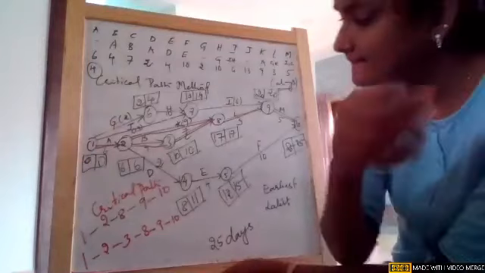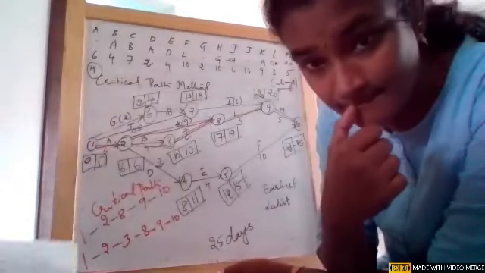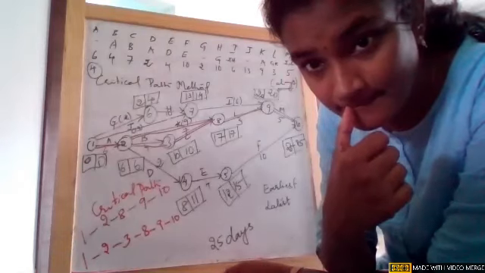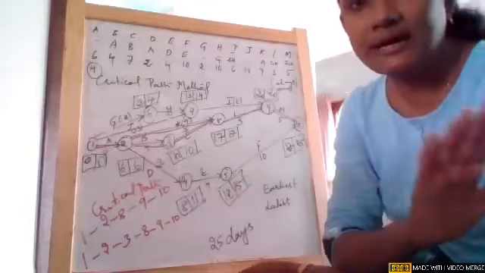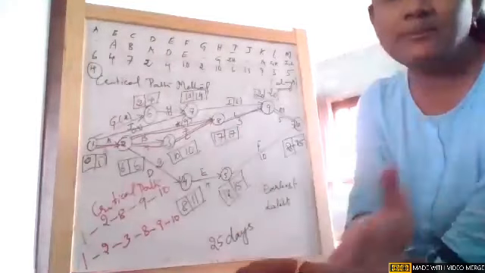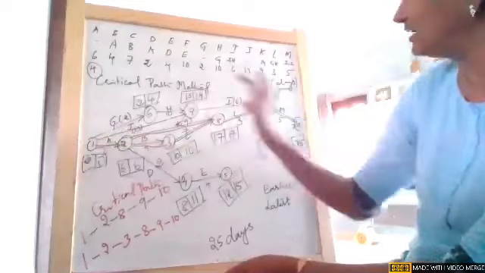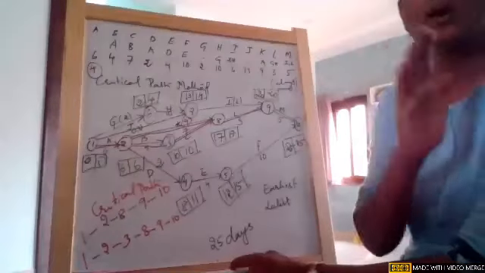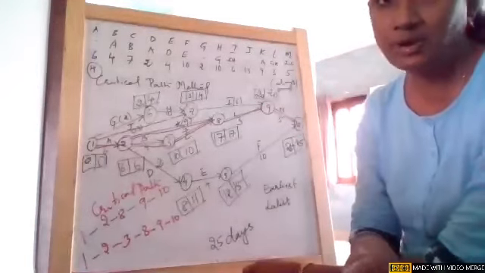Ma'am, while we are considering heads, we are calculating the first part, then we need to take maximum value, no, ma'am? Yeah. When I'm going from starting to finish, see the direction. Start is obviously 1 and finish is obviously 10. When I'm going from start to finish, first I need to consider arrowheads.